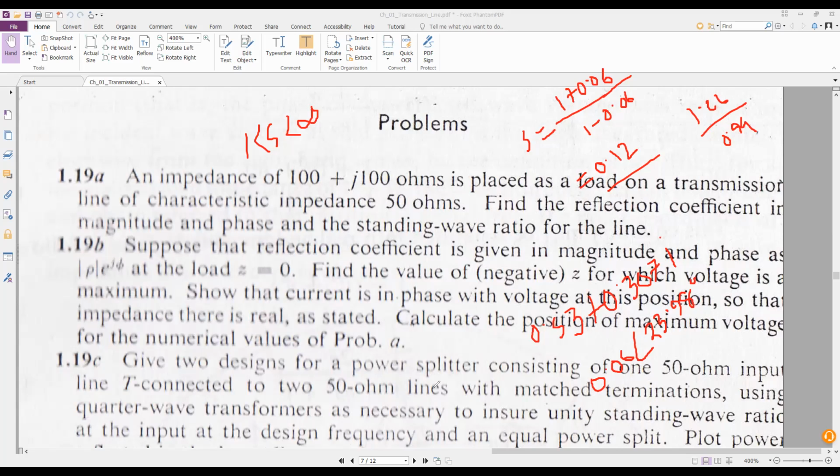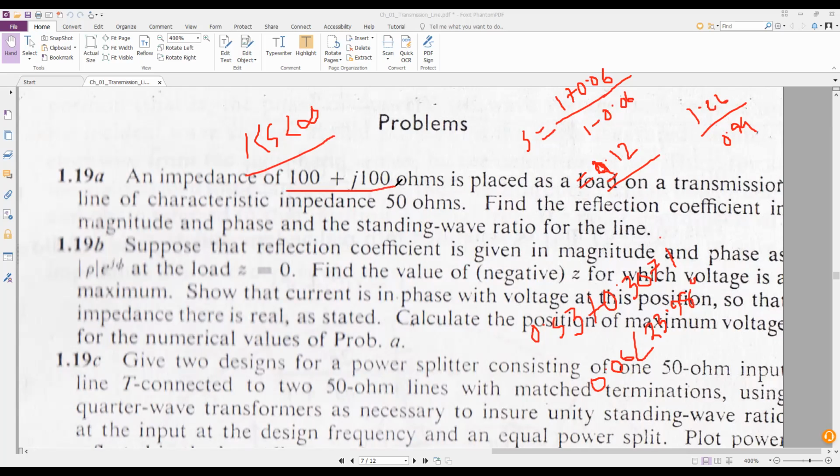I think you guys are doing it wrong. Sir, the upper part is 1 plus 0.06, 1.12, sir. If it is 1.12, that's okay, because the range should be 1 to infinity.